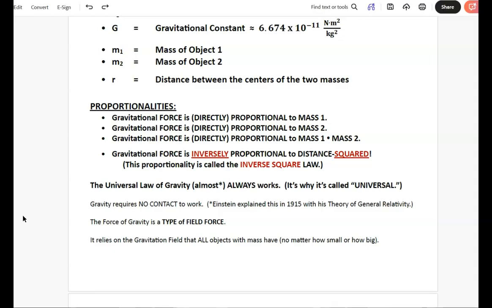But gravitational force relies on these gravitational fields that all objects with mass have, no matter how small or how big. It could be a star or a whole galaxy or a whole cluster of galaxies, or it could be something as small as a proton or an electron. In theory, every object with mass has gravity and will attract every other object with mass due to that gravitational force.